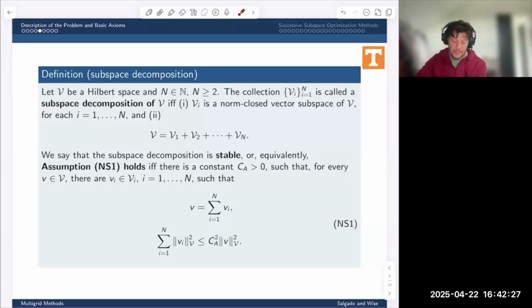The subspaces are numbered between 1 and capital N, where N is greater than or equal to 2. First of all, what do we mean by this notation? Remember, if I take two subspaces, I can make a linear combination of elements from those subspaces. If I have three, I can make all possible linear combinations from those different subspaces.